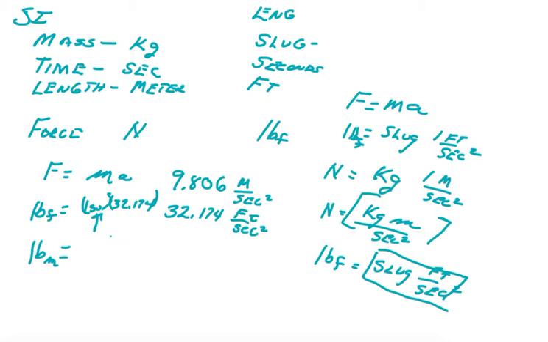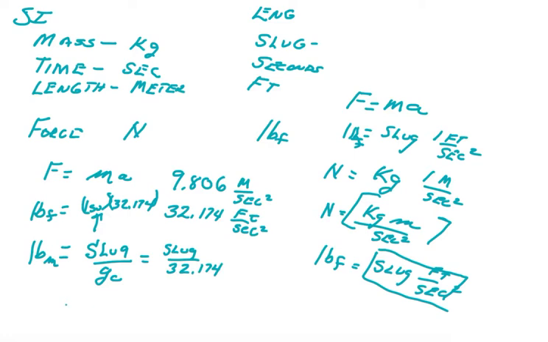And a pound mass is simply a slug divided by G sub C, which is a slug divided by 32.174.